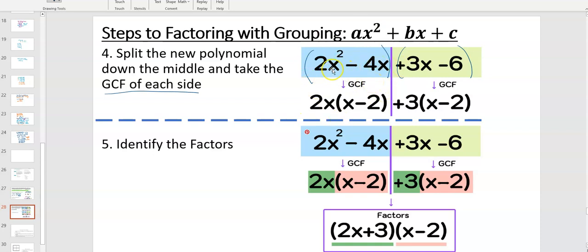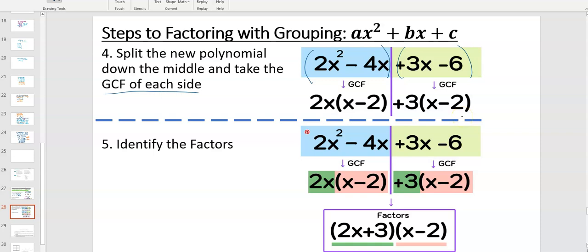The GCF of 2x squared minus 4x is 2x. When I divide 2x squared, I get x, and when I divide minus 4x, I get minus 2. Over here, the GCF of 3x minus 6 is 3. When I divide 3x by 3, I get x, and when I divide minus 6 by 3, I get minus 2.